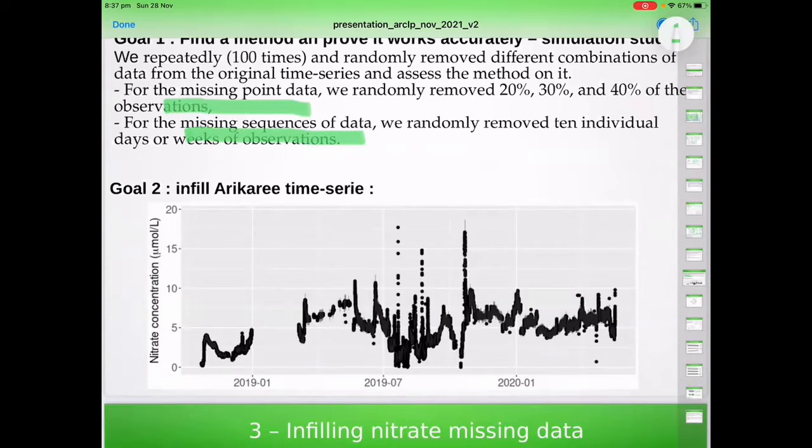There was some trouble: for 3 months we had a technical issue with the nitrite sensor, so this data is completely missing. And after that we also have some missing data. Overall, around 20% of the data are missing here.